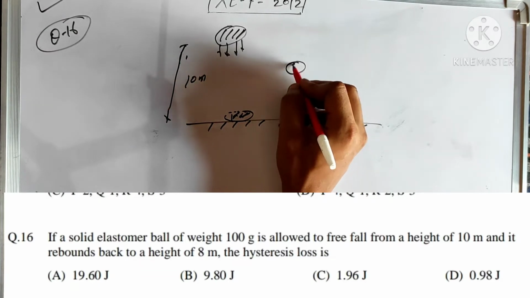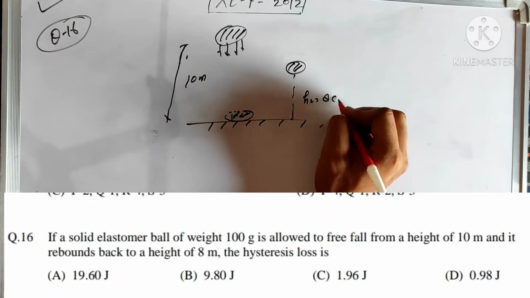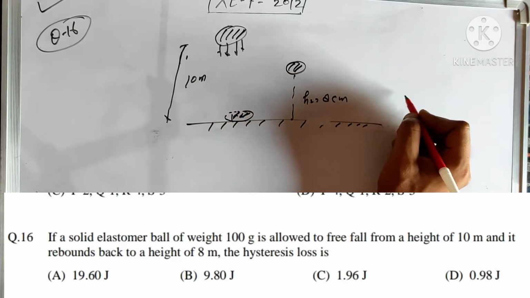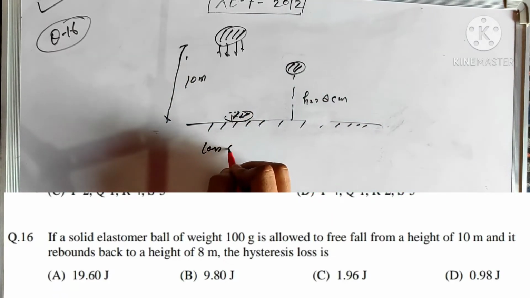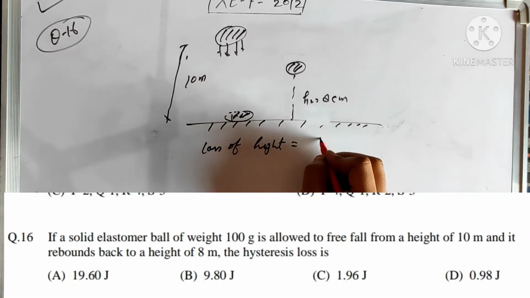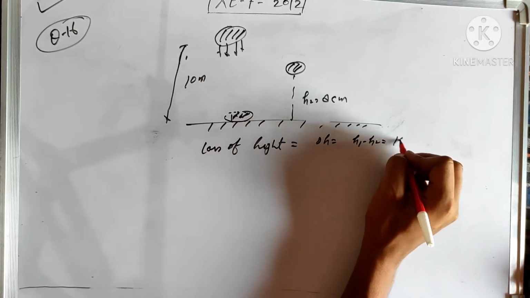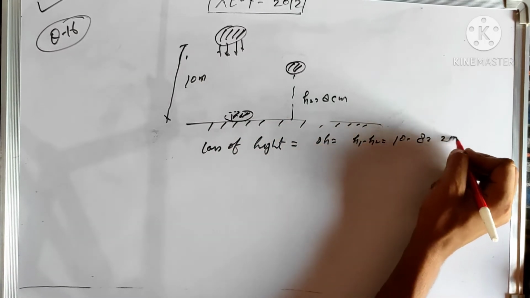So after the rebound, it gets the new height H2 equal to 8 meter. Here is some loss of height. Then the loss of height is delta H equal to H1 minus H2, 10 minus 8 is equal to 2 meter.